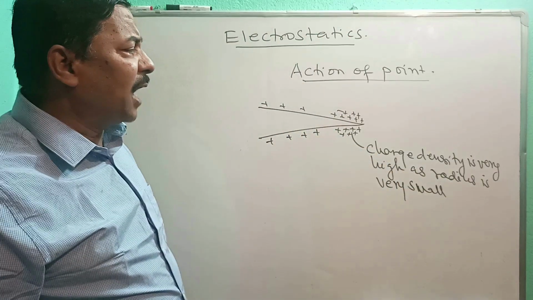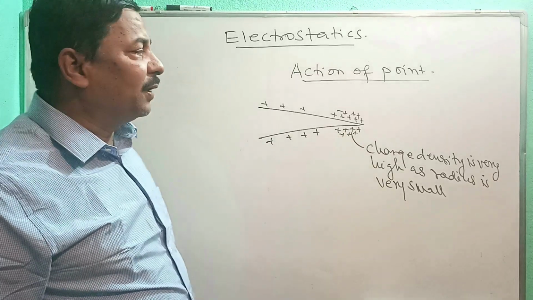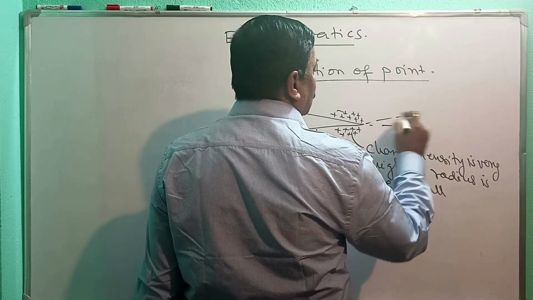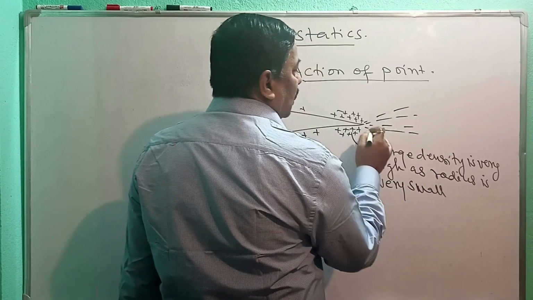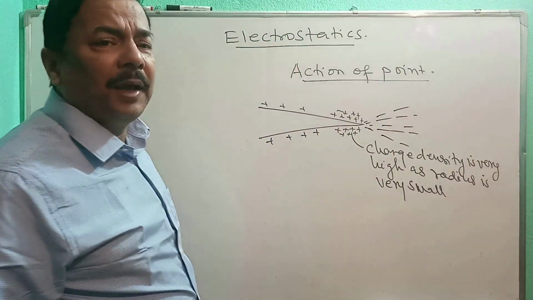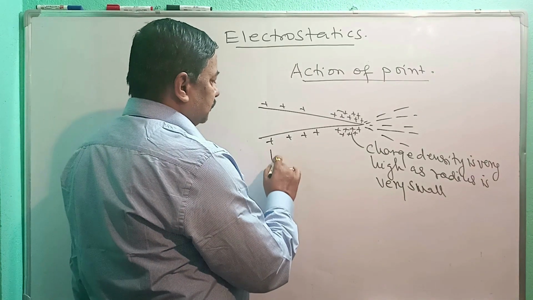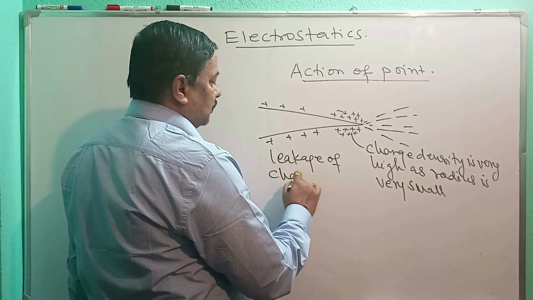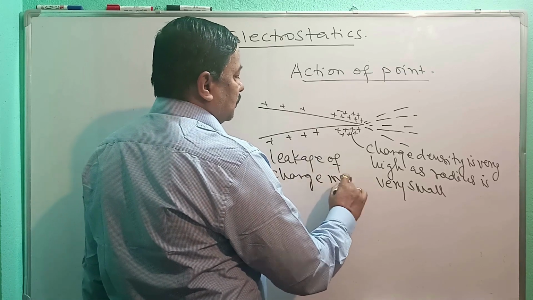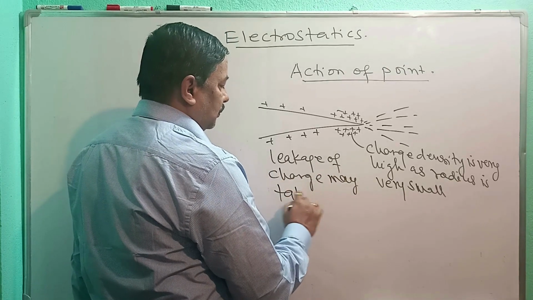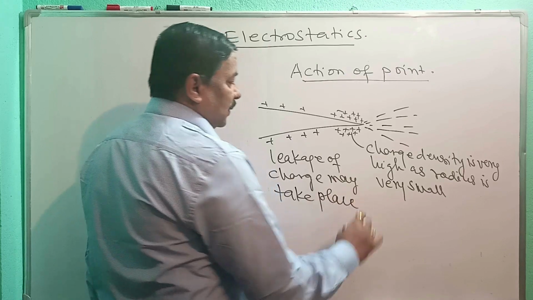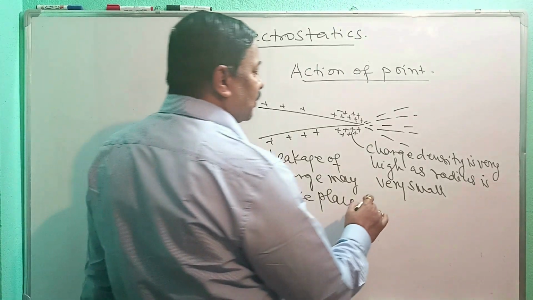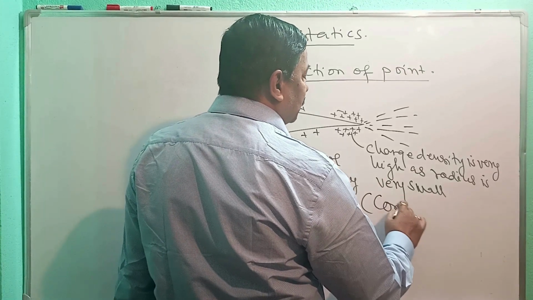Charge density is very high as the radius is very small. As a result, leakage of charge may take place, and this is called corona discharge.